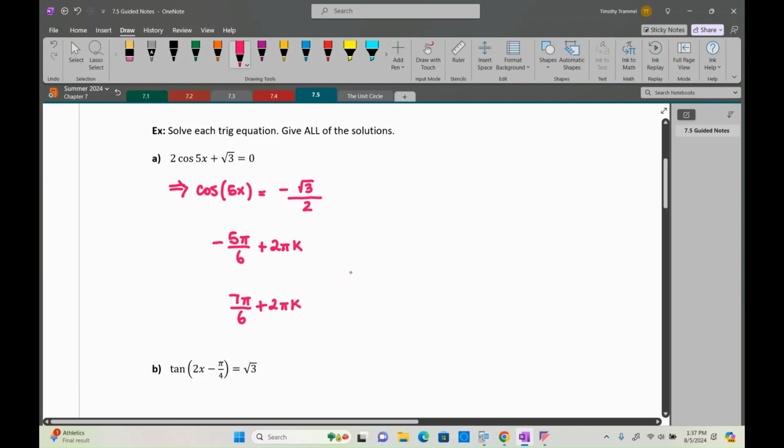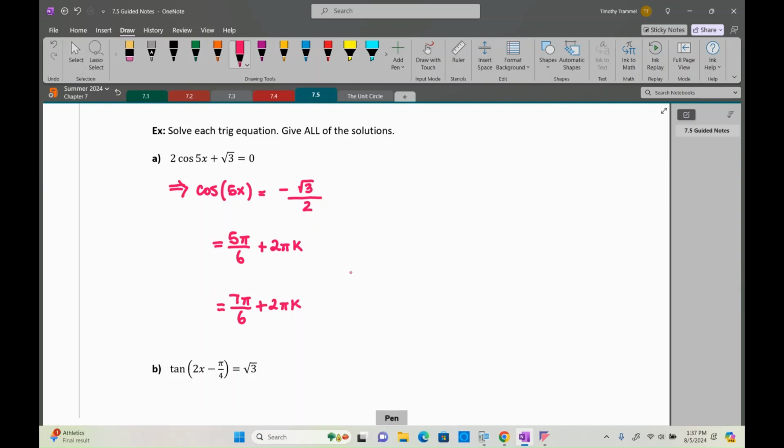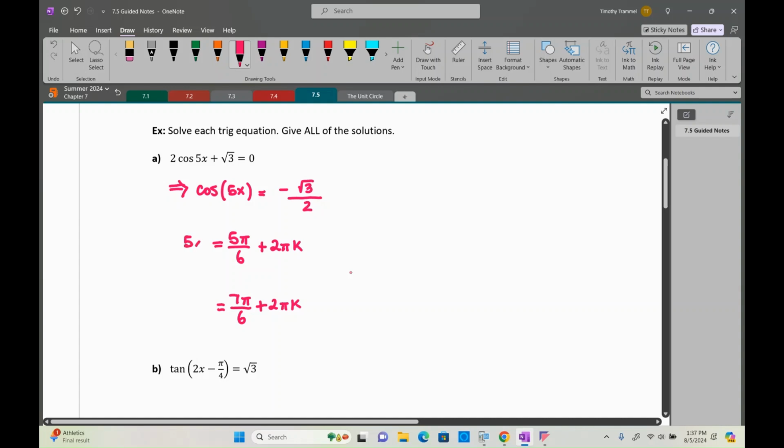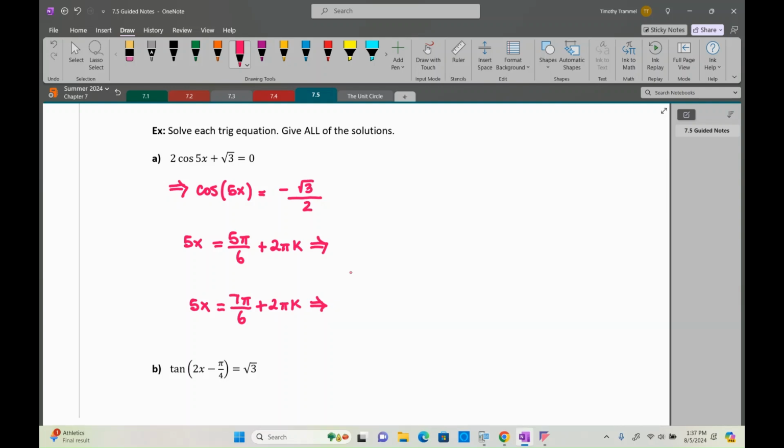Now, this is what I want the inside of cosine to be equal to, one of these many angles. And so what I'm going to do is set the inside of cosine equal to those. From here, we just need to divide each side of the equation by 5, and we will have our solutions.